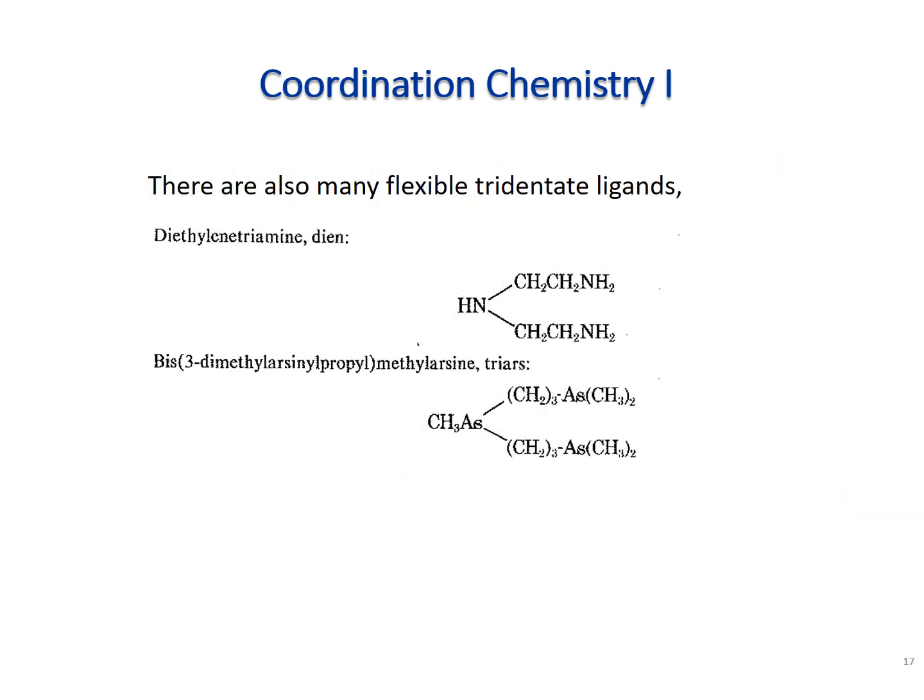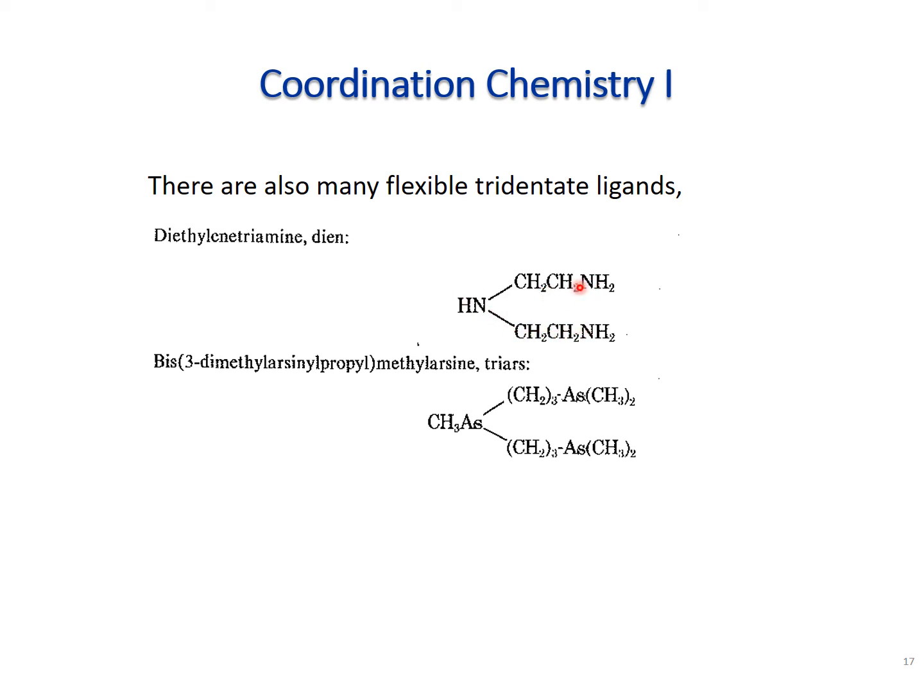There's also flexible tridentate ligands. So dien, diethylenetriamine, for example. And here you have a bunch of different nitrogens that all can bind to a metal center. So here, there's a nitrogen here, and a nitrogen here that all can bind to a metal center. And you still have these two CH2 bridges between them.